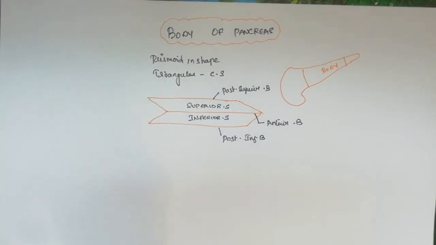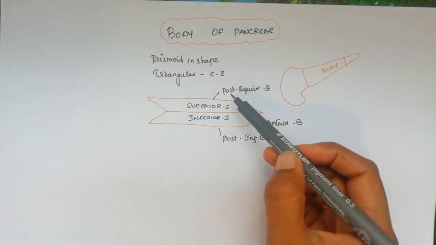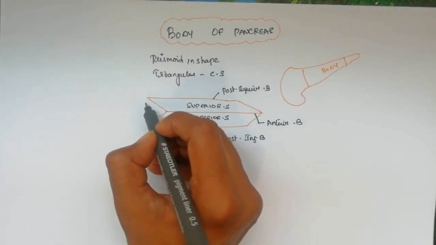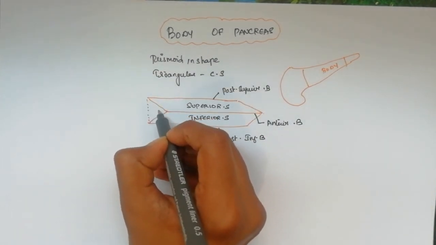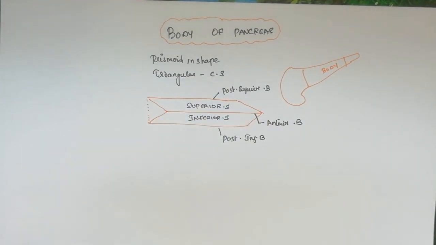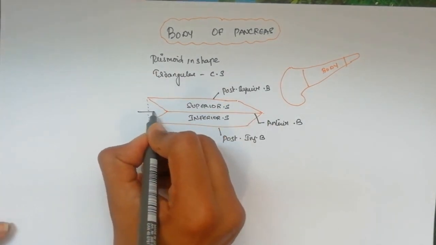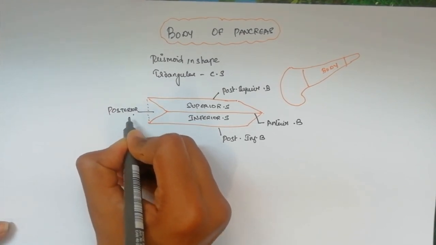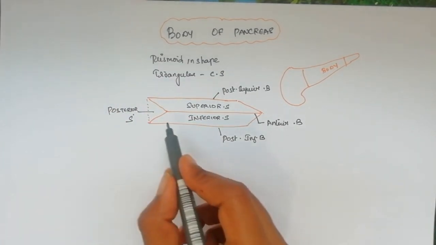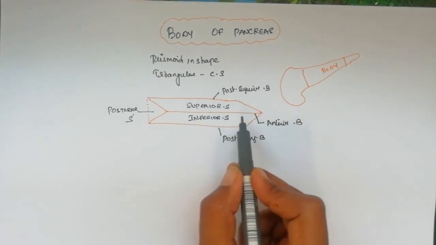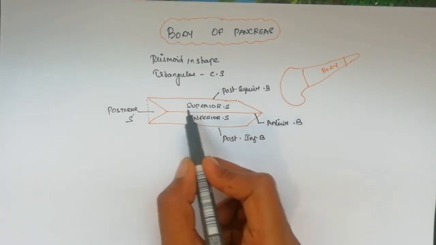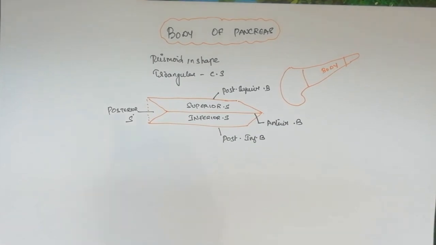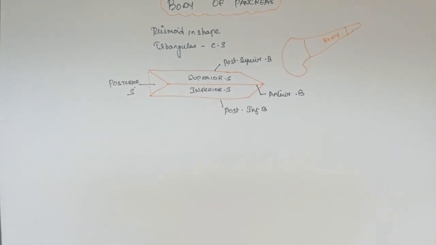And between the posterior superior and posterior inferior borders we have got a surface which will be seen behind, and we are calling that the posterior surface. This is how we are dividing the surfaces of pancreas, with 3 borders and 3 surfaces. Now we will see the details of each surface separately.